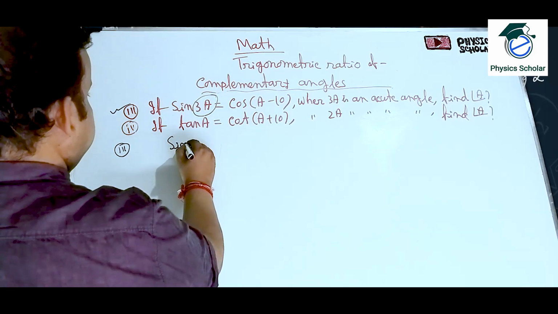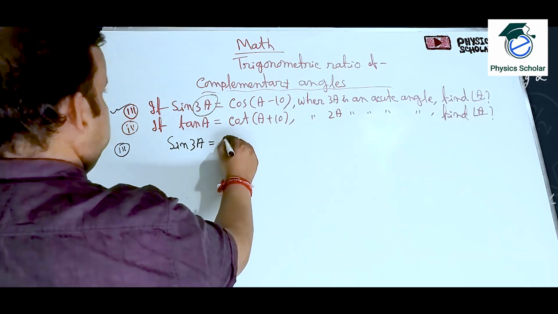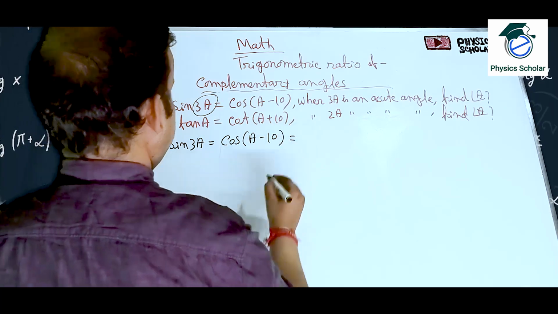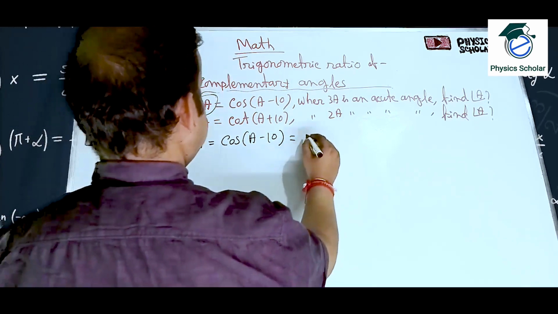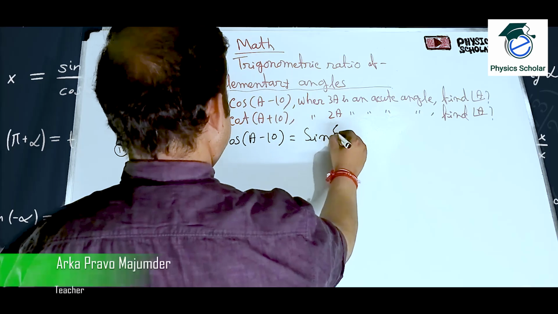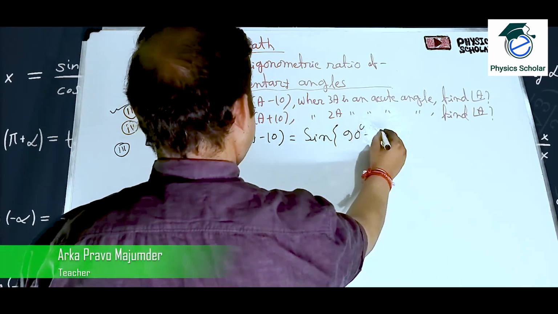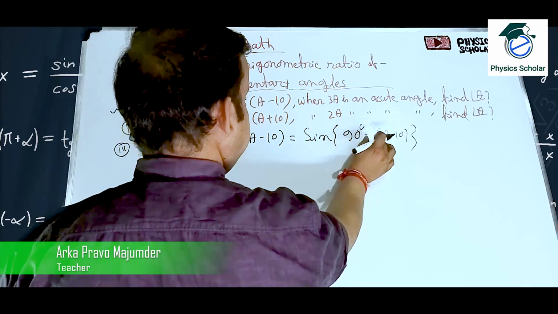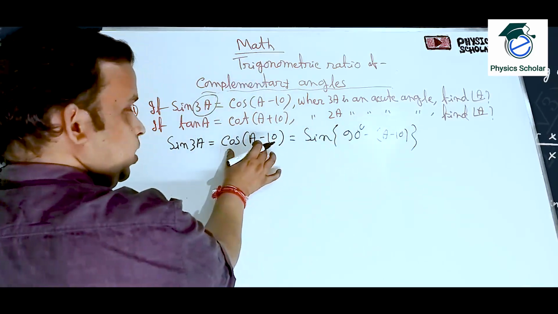Now sin 3a is equal to cos of a minus 10, what can we write? Sin of 90 degree minus a minus 10, that you can write. Sin 90 degree minus theta means what? Cos theta. Clear?